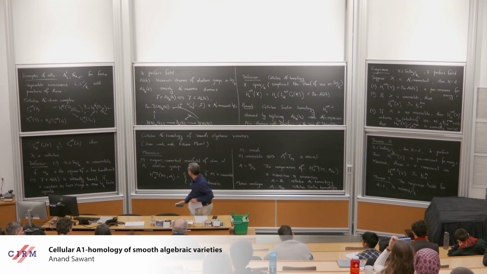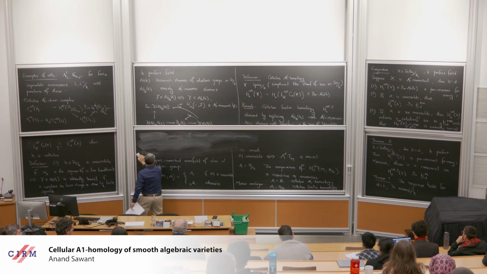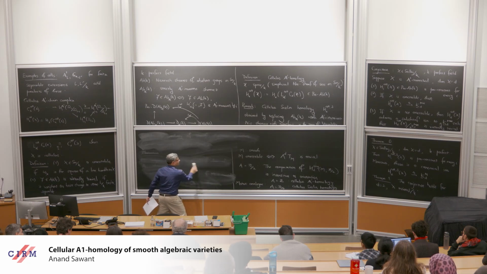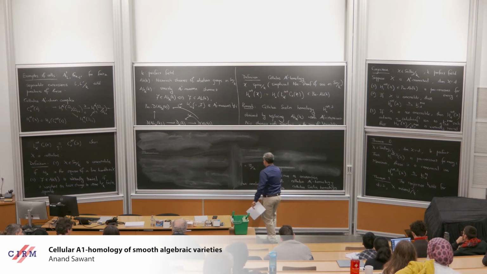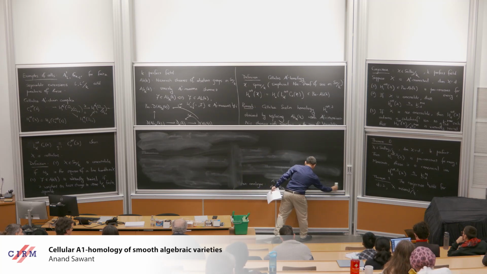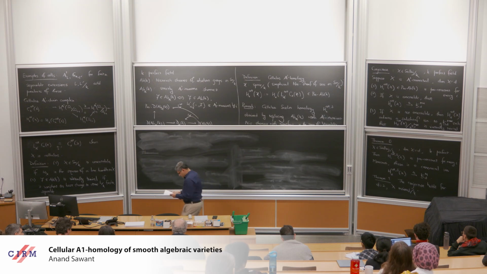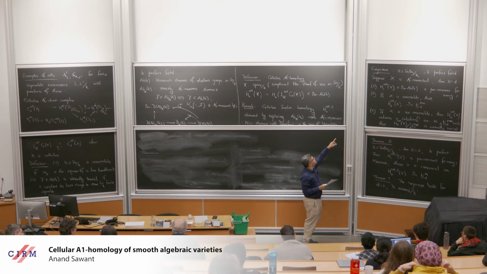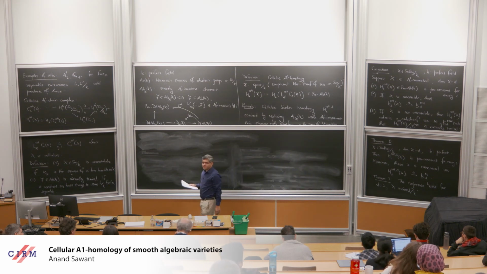Okay, any questions as I erase? Okay, you can check that part 1 of the conjecture, the pro-constancy, holds in dimension 3 as well, as long as you assume that the characteristic of the base field is 0.